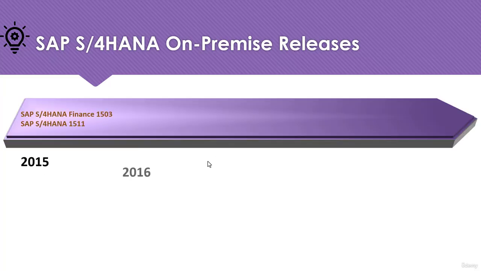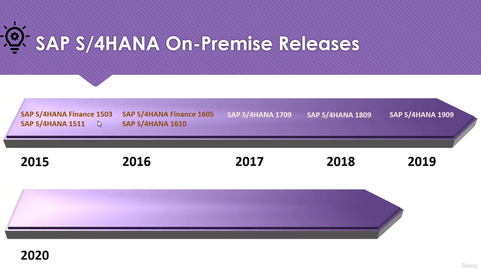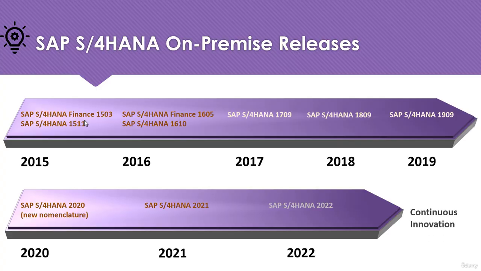The first version was introduced back in 2015 as SAP S4HANA Finance 1503, and SAP released 2 versions a year until 2017. You can see that in 2017 there was only one version released, and then in 2018 it was 1809, then 1909.